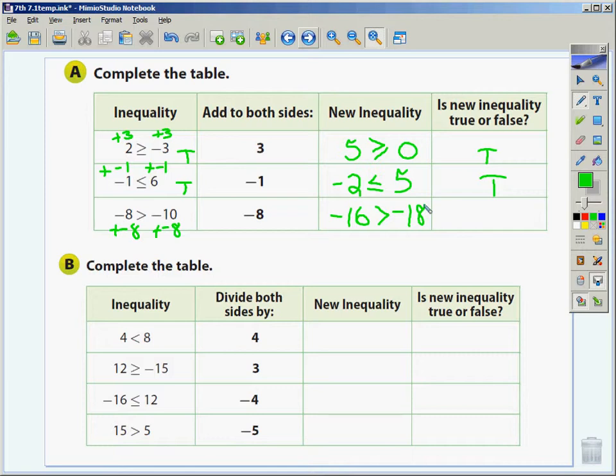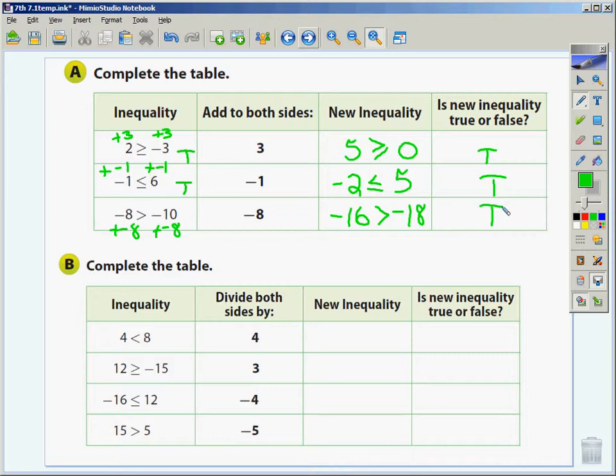Negative 8 was certainly greater than a negative 10. Is negative 16 greater than a negative 18? Yes, it is. It's closer to 0. Would you rather owe somebody 16 or owe somebody 18? 16. So it's definitely still a true statement, isn't it? Okay.